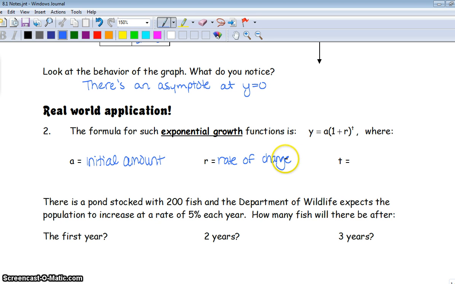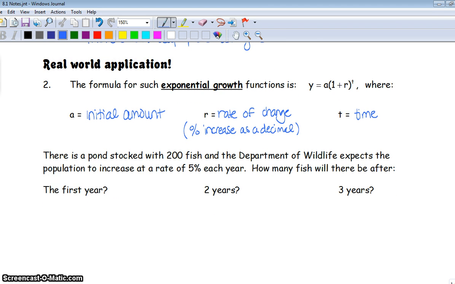But you want to be careful with the rate of change because it's the percent increase, but you want to write it as a decimal. You do not want to write it as a percent. And t, of course, is going to be our time.